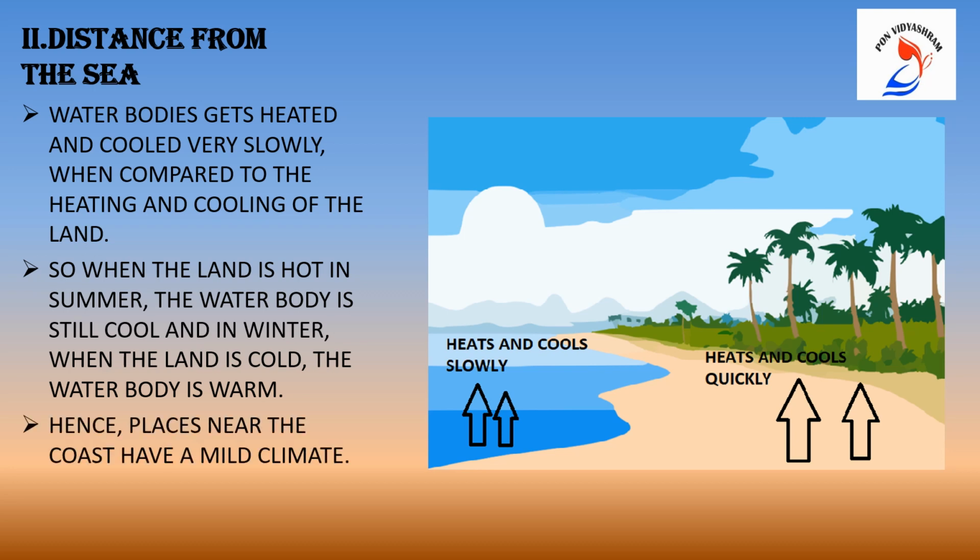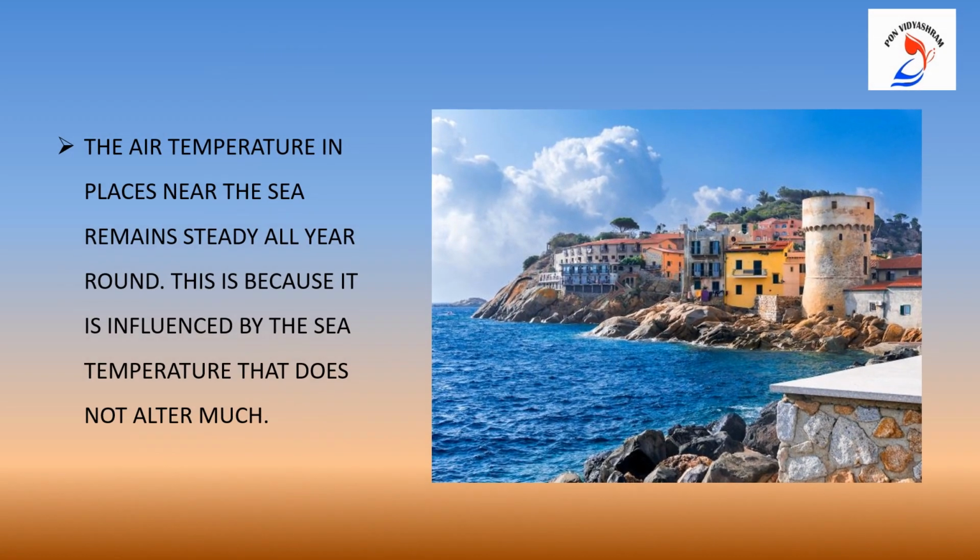Hence, places near the coast have mild climate. The air temperature in places near the sea remains steady all year round. Why, children? It is because it is influenced by the sea temperature that does not alter much.